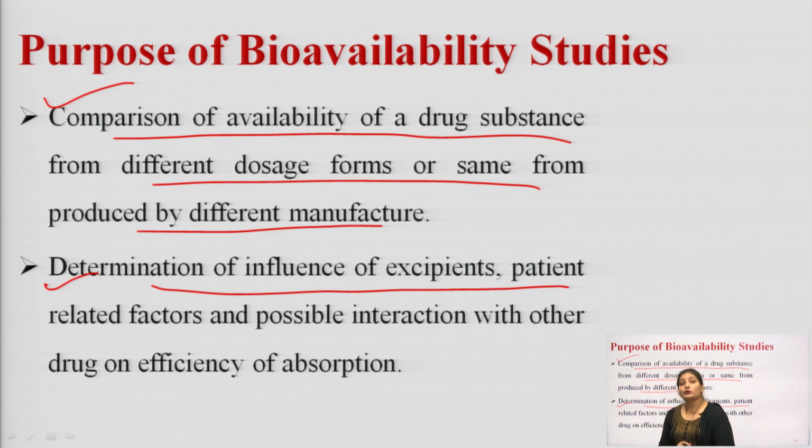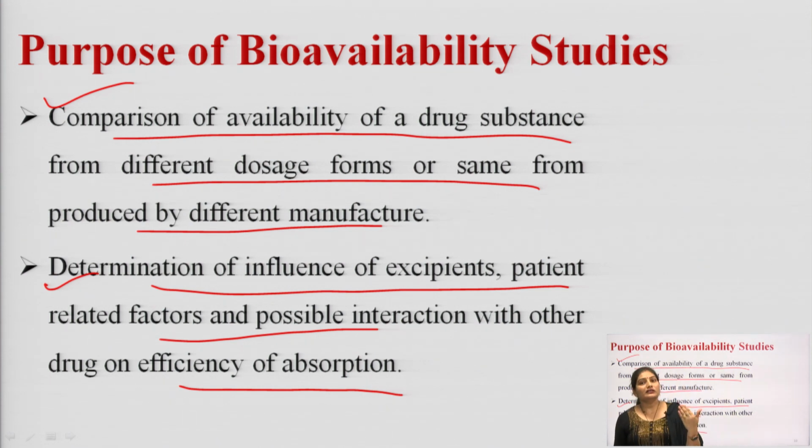Okay. If we want to analyze the impact of patient related factors or the impact of certain drug interactions, that can be displacement interaction or allosteric interaction, if we want to study the effect of these types of interaction on the efficiency of absorption, then there is a need of bioavailability studies. Okay. So, these 5 are the objectives behind the conduct of bioavailability studies.